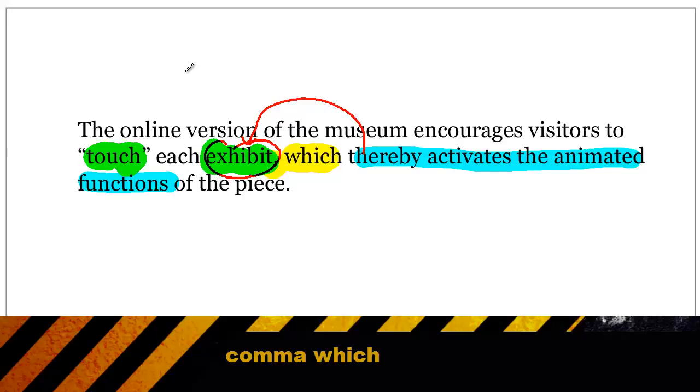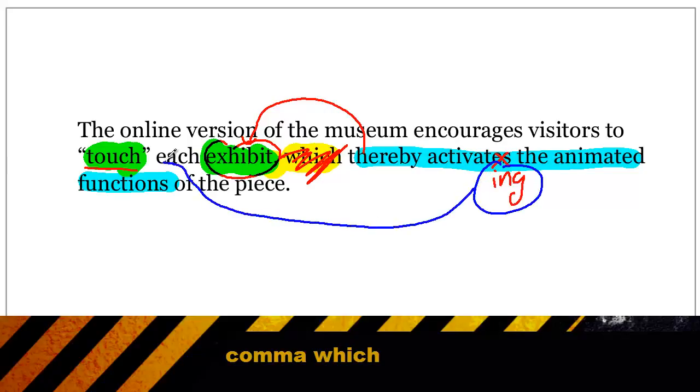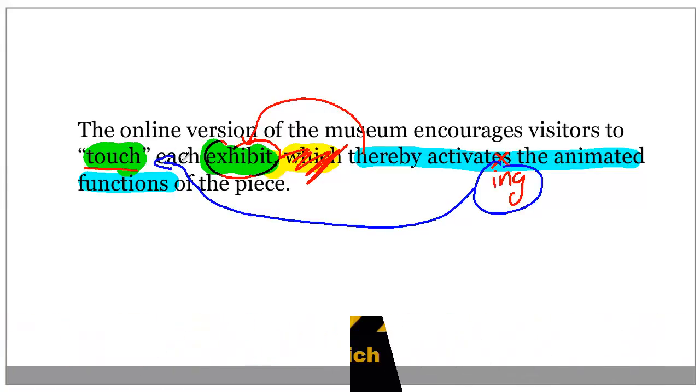So we can anticipate that it's actually the touch that activates the exhibit. To fix this sentence, we could get rid of the which and change the activates into activating, so that -ing would modify the verb that came earlier in the sentence, or in this case, the touch. So that clarifies the meaning of the sentence.